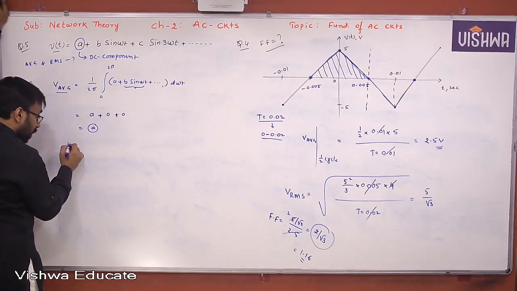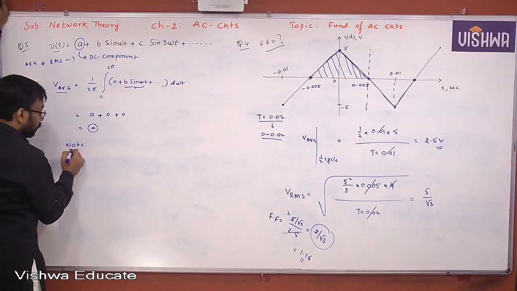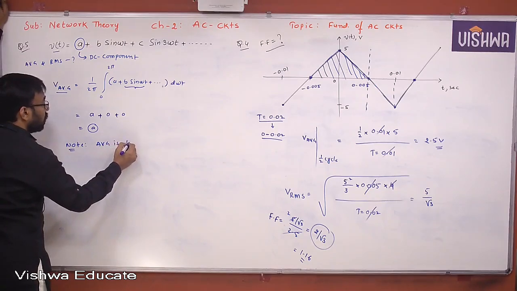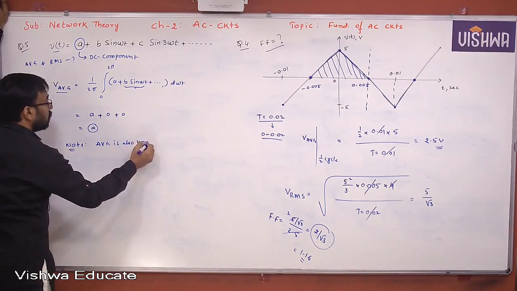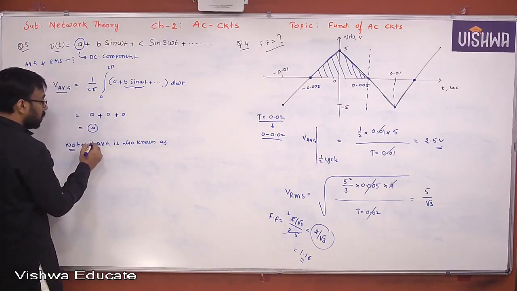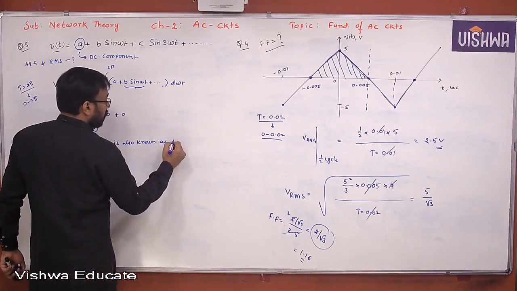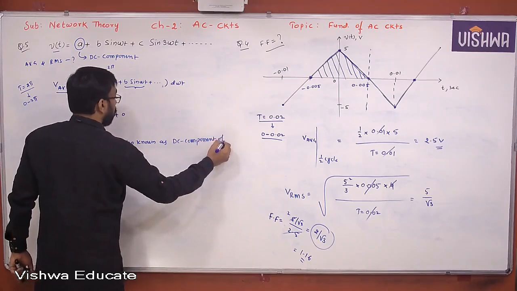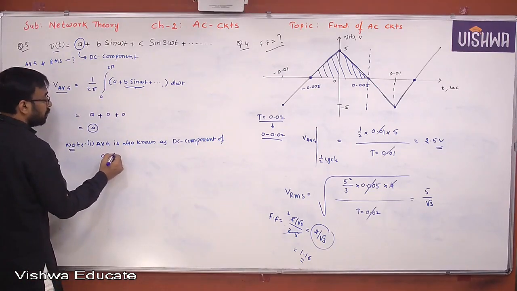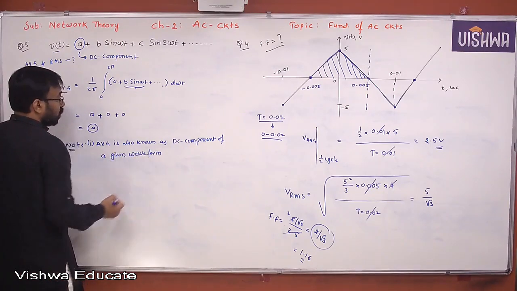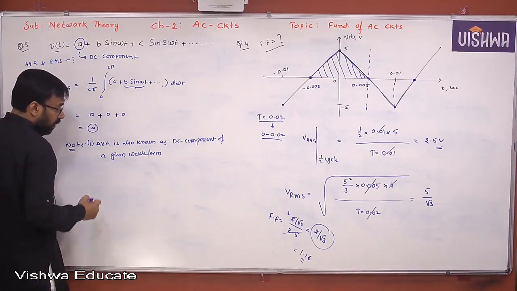That is why, note: the average value is also known as the DC component of a given waveform.